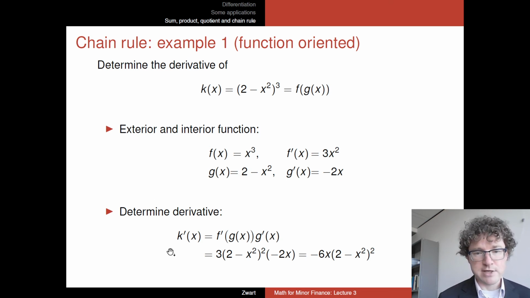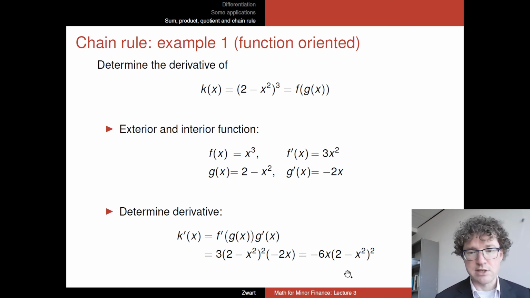So k prime of x is f prime evaluated at g of x times g prime of x. f prime of g of x was 3 times 2 minus x squared times g prime of x, minus 2x, so times minus 2x. And together that gives us minus 6. 3 times minus 2 is minus 6 times this x times the 2 minus x squared.